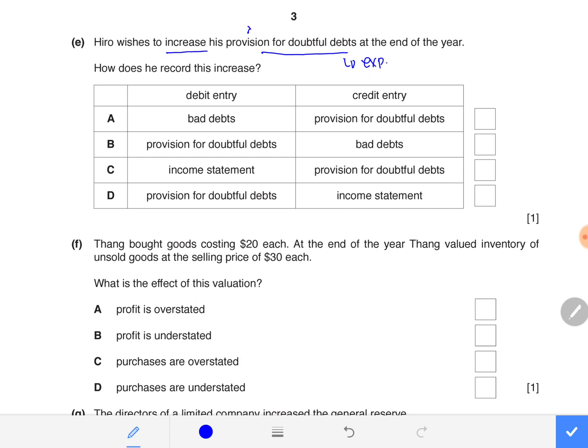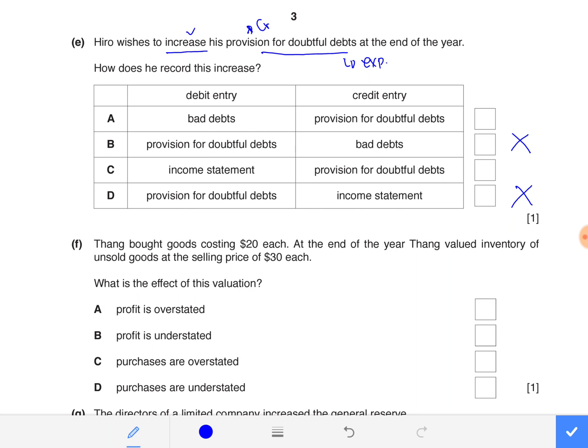Any provision, provisions for depreciation, provisions for doubtful debts, has a normal balance on the credit side. So provision increases on the credit side, so we can eliminate answer B and answer D. Now the next, either it's A or C.